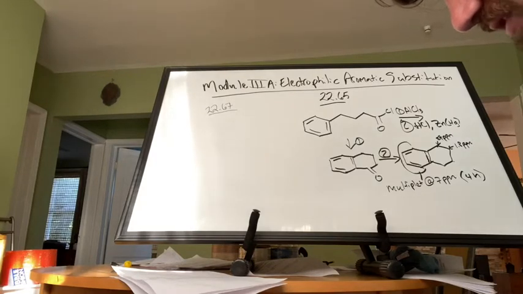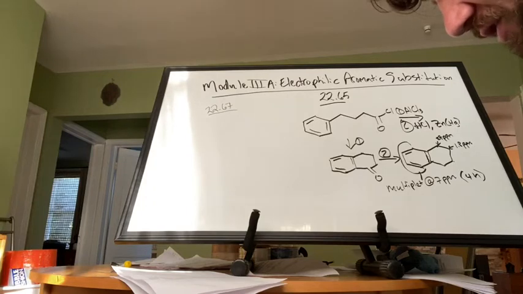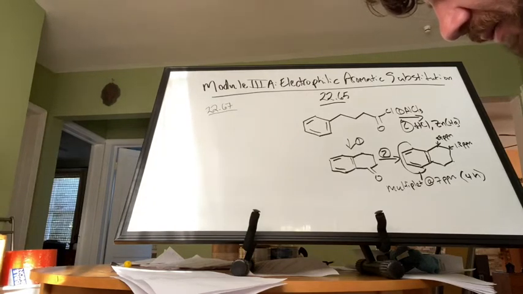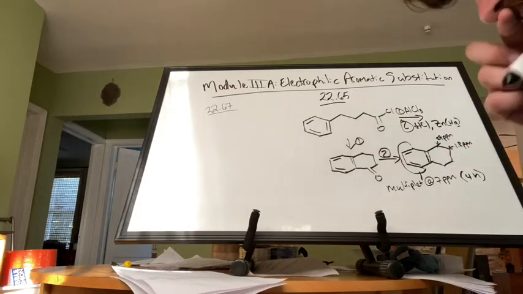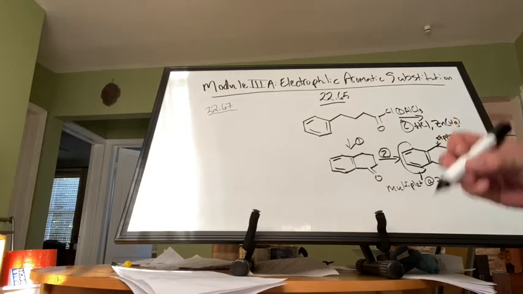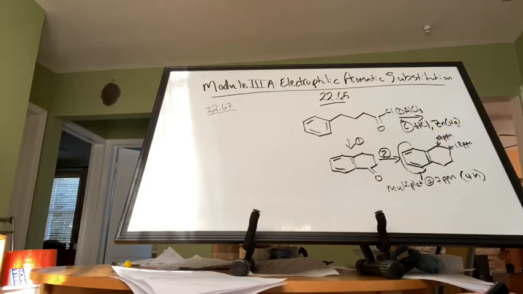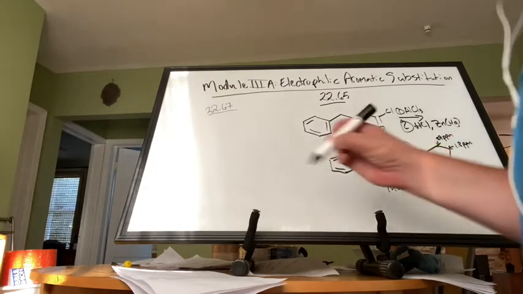It says when benzene is treated with dichloromethane in the presence of aluminum trichloride, as shown here, a product is formed whose IR, C13 NMR, and proton NMR spectrum are shown below. Draw this product and propose a mechanism for this reaction. Okay, so effectively, methylene chloride or dichloromethane is the electrophile.